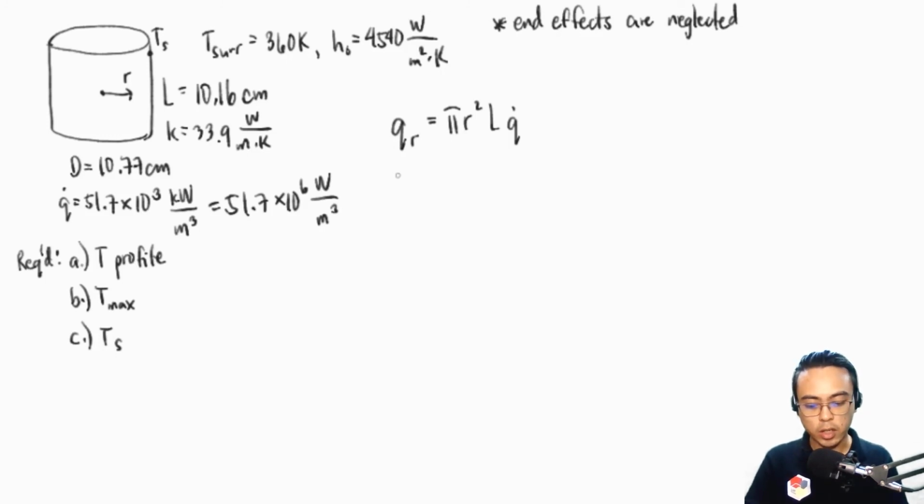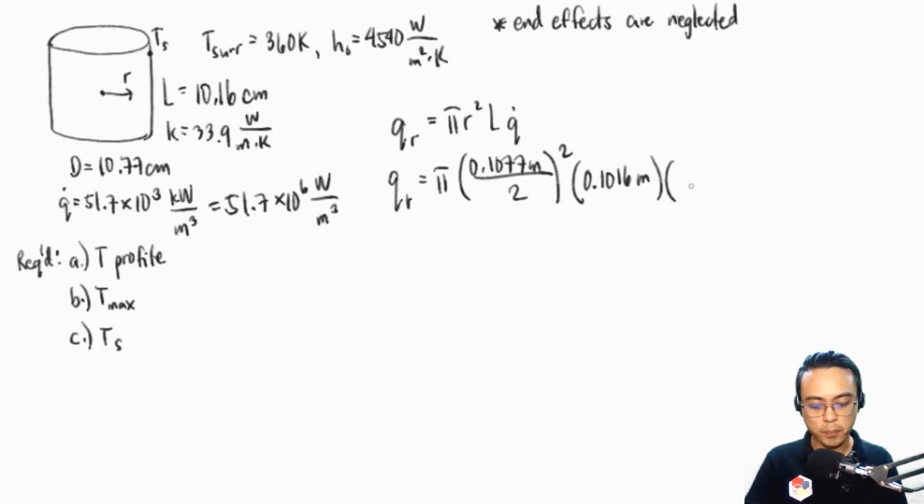So we write Q sub R is equal to pi times the radius, which is half of the diameter, 0.1077 meters over 2, quantity squared, times the length of the cylinder, 0.1016 meters, times heat generation Q, 51.7 times 10 raised to 6 watts per cubic meter. If you take a look at the cancellation of units, square meter times meter would cancel with the cubic meter at the denominator. So therefore, we will be left with the unit of watts for Q sub R.